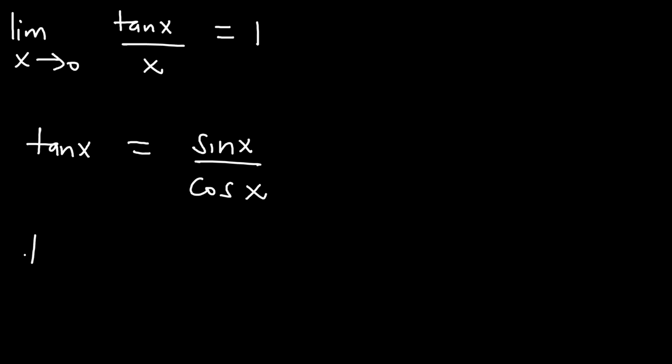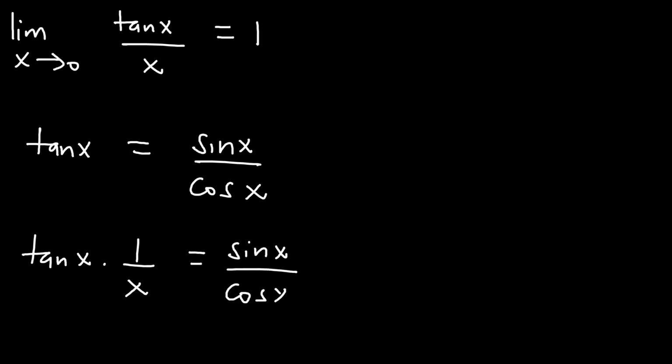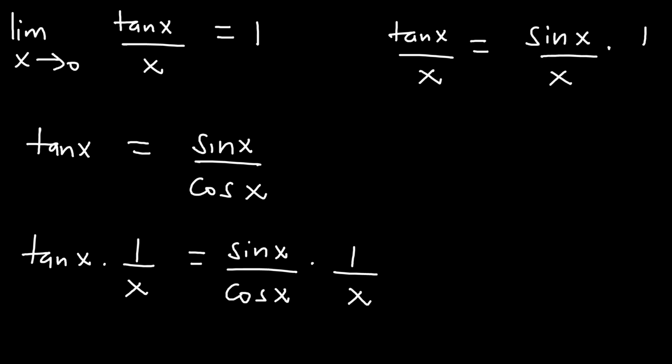So we shall have tangent x times 1 divided by x equaling sine x divided by cosine x and then times 1 divided by x. And then this will be equal to tangent x divided by x equaling, now this can also be written as sine x divided by x and then times 1 divided by cosine x.